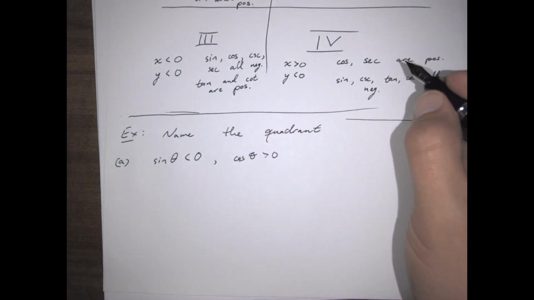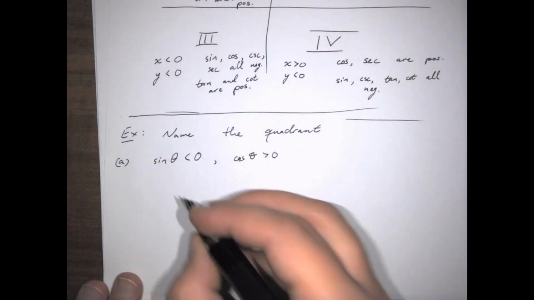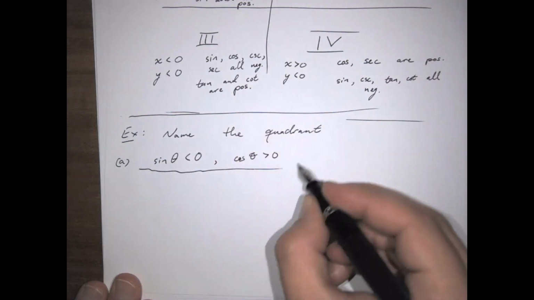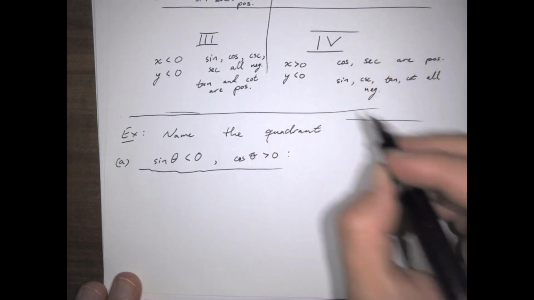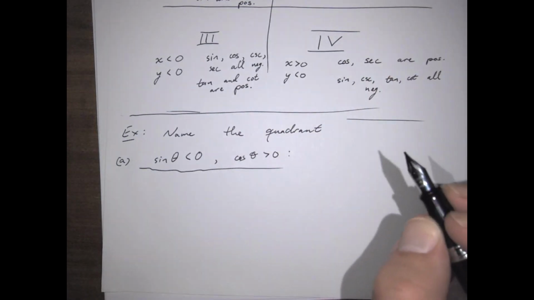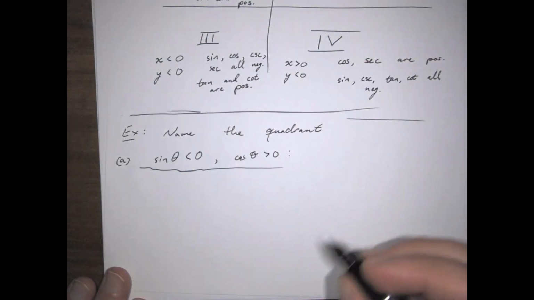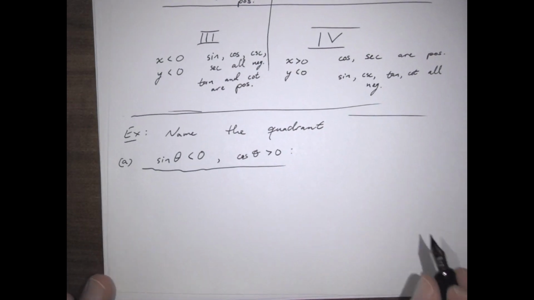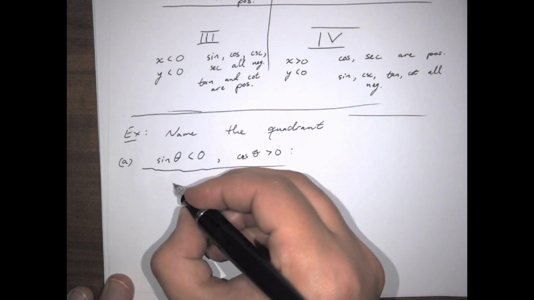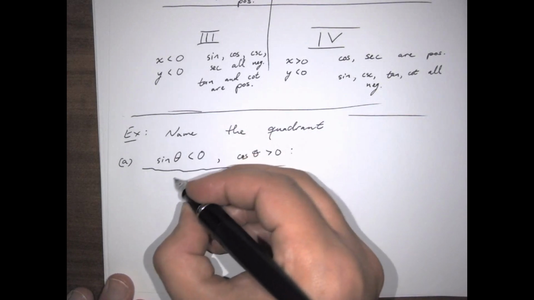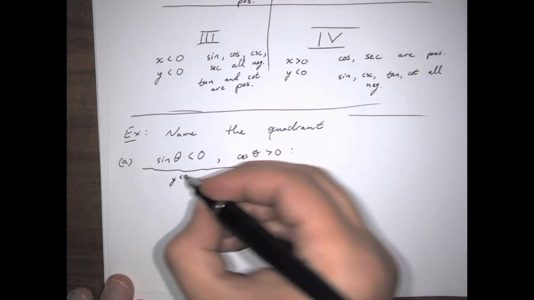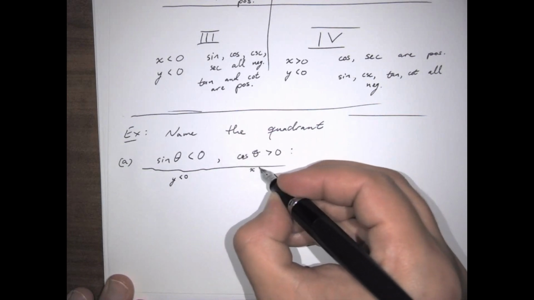Now we have all this information listed up there, but do we really expect ourselves to memorize those facts about all 6 functions? That's not really reasonable. What is reasonable is to think in terms of the x and the y. So this means y is negative, this means x is positive.